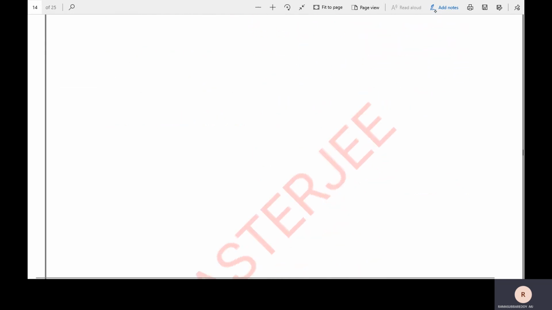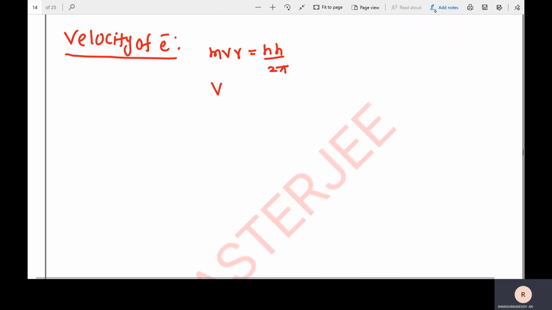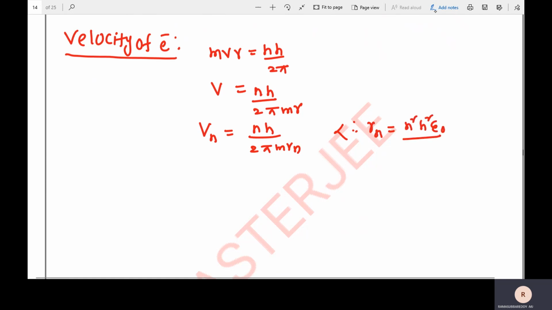Now we'll find the velocity of the electron in the Bohr hydrogen atom. We know from quantization of angular momentum, mvr is equal to nh by 2 pi. From this we get velocity v is equal to nh by 2 pi mr. If it is the nth orbit, vn is equal to nh by 2 pi m rn. Just now we found rn, equal to n square h square epsilon naught by m pi Z e square.